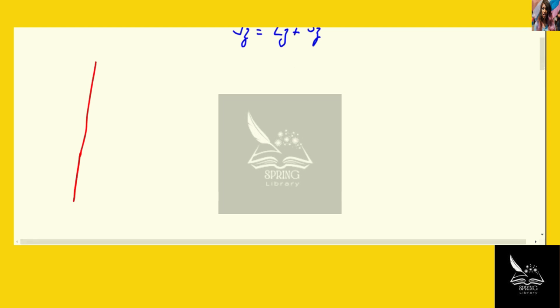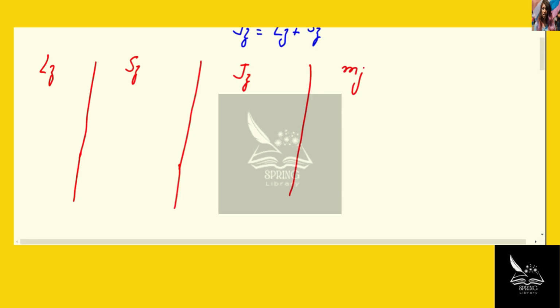Here we have Lz, here we have Sz, here we have z component of total angular momentum. Here we have Mj, that is the quantum number related to total angular momentum.